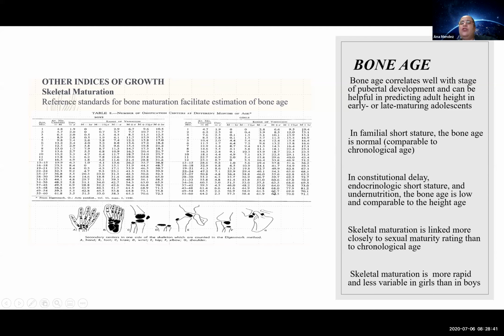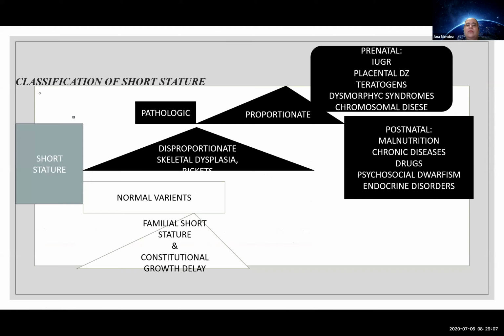In familial short stature, the bone age is normal, comparable to chronological age. In constitutional delay, endocrine short stature, and poor nutrition, the bone age is slow and comparable to the height age. Skeletal maturation is linked more closely to sexual maturity rating than chronological age, and skeletal maturation is more rapid and less variable in girls than in boys.